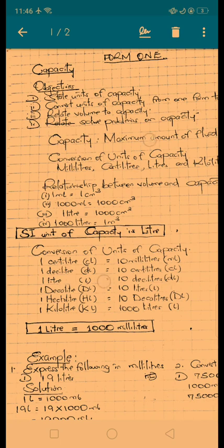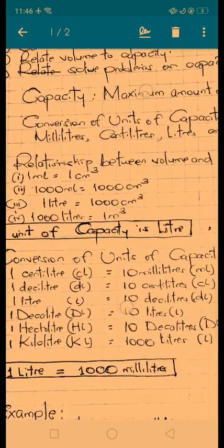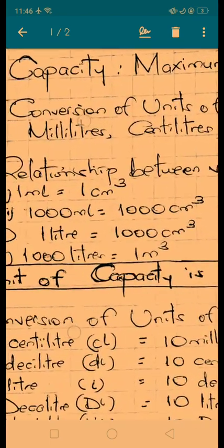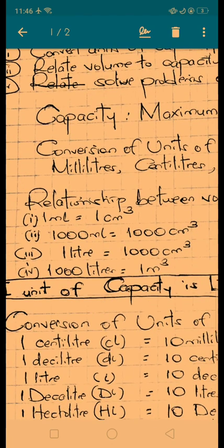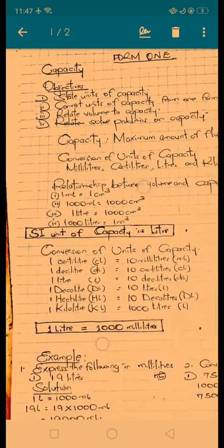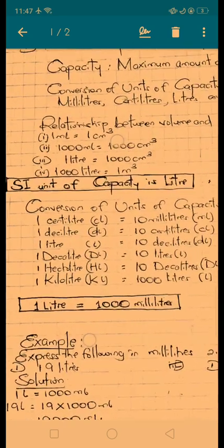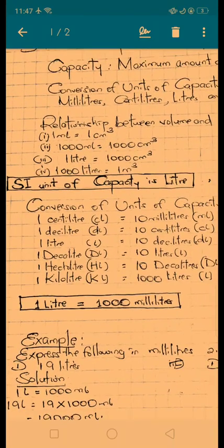Then you should know the basic relationships: 1 milliliter is equal to 1 cubic centimeter. 1000 milliliters is equal to 1000 cubic centimeters. 1 liter is equal to 1000 cubic centimeters. 1000 liters is equal to 1 cubic meter. The SI unit we should be referring to is the liter.